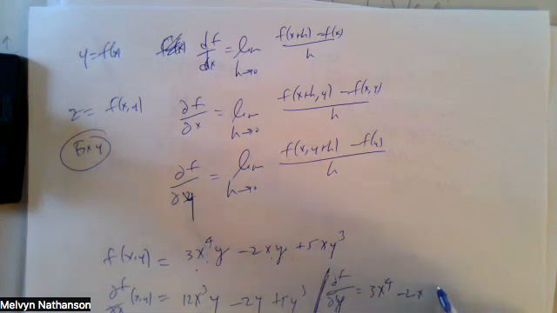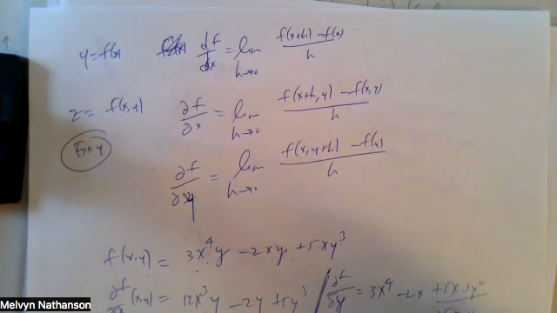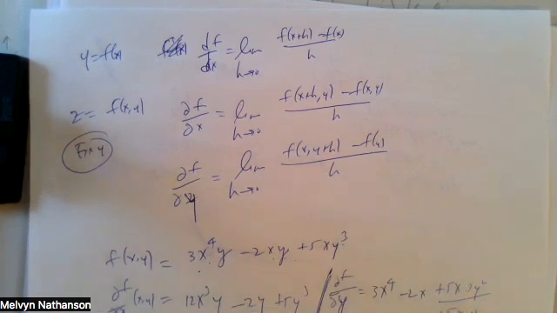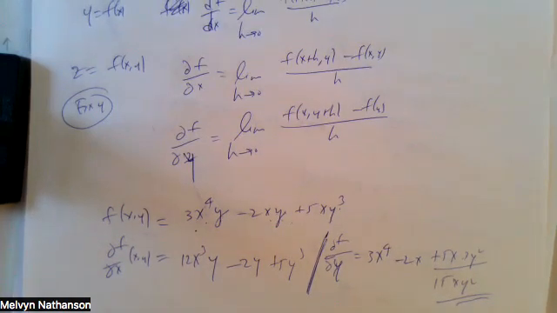The derivative of 5xy cubed with respect to y is 5x times the derivative of y cubed, which is 3y squared. So this is 15xy squared. Any questions about this? Okay.